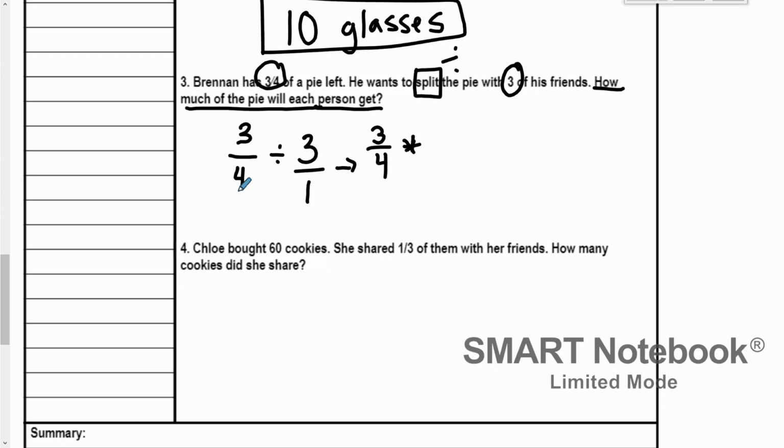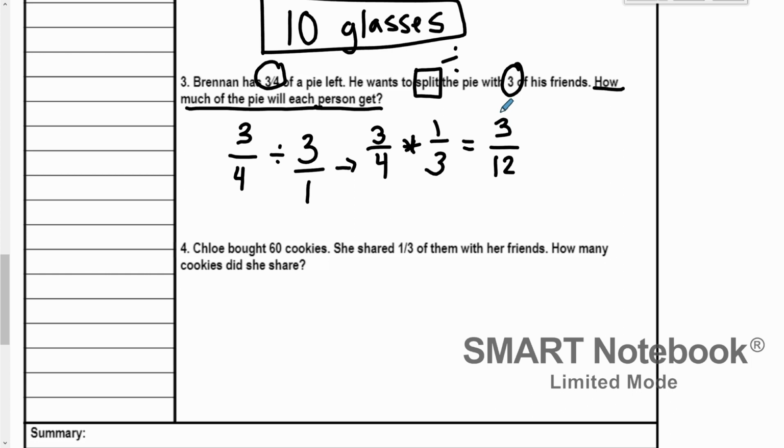times, keep first fraction the same, change to multiplication, flip 3 over 1 to its reciprocal, which is 1 over 3. We multiply across, so 3 times 1 is 3. 4 times 3 is 12. So 3/12 is how much each person will get, but that can be simplified. So we look at these 2 numbers and we say, what can both of those numbers be divided by?